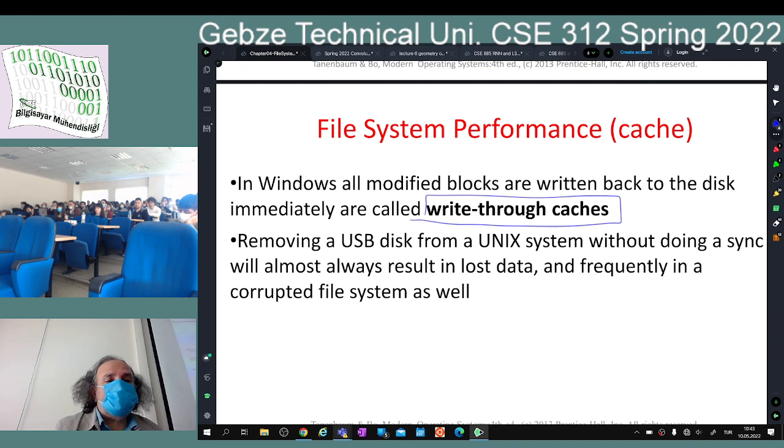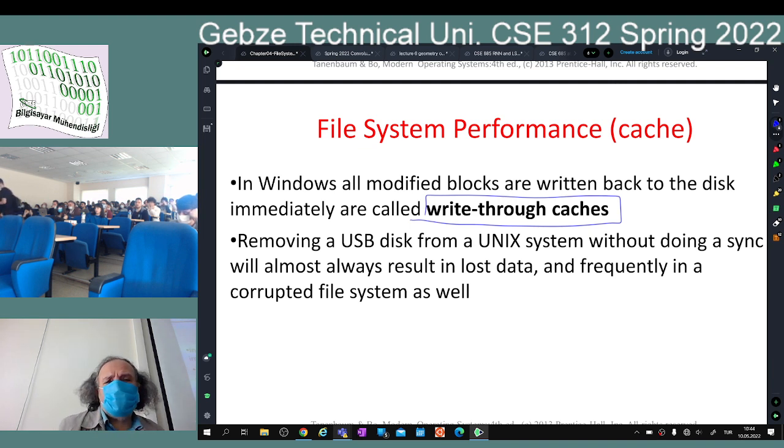That's why, if you are writing to a USB disk on Unix and you take your USB disk out without dismounting it, most of the time you will lose whatever you have written to the USB disk, because it is not written yet. So you need to dismount it first, and when you dismount a USB disk, Unix puts all the modified blocks to the disk, and you will be safe.